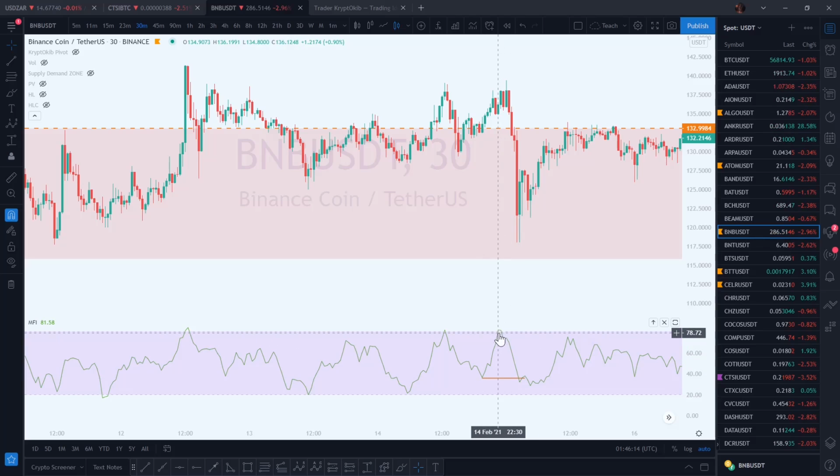But the moment you spot that there is divergence and then it crosses back inside from the overbought region, below the 80 point mark, then you may want to go short. You spot the divergence, you wait for it to come from the overbought region back into the highlighted region, then you go short.